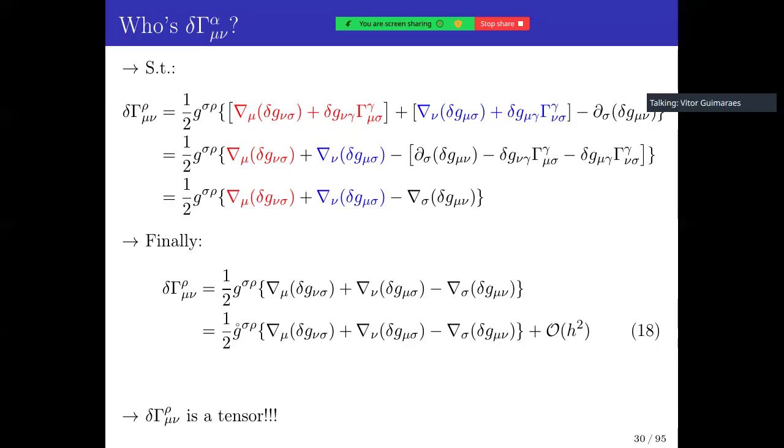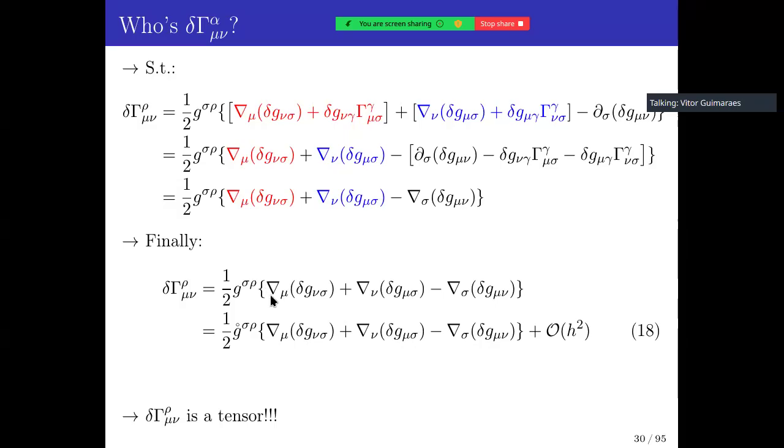But remember that the covariant derivatives, right? They map objects into tensors, right? If they act on a scalar, they map scalars to 0, 1 tensors. If they act on contravariant vectors, 1, 0 tensors, they map the 1, 0 tensors to 1, 1 tensors, right?